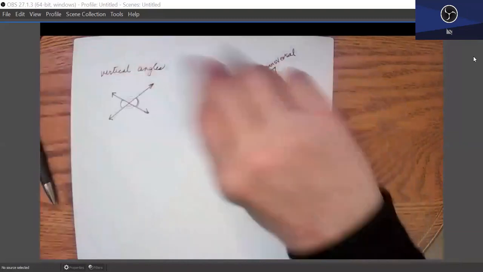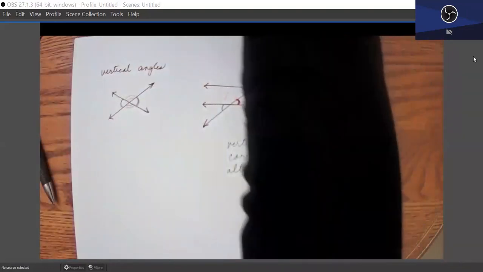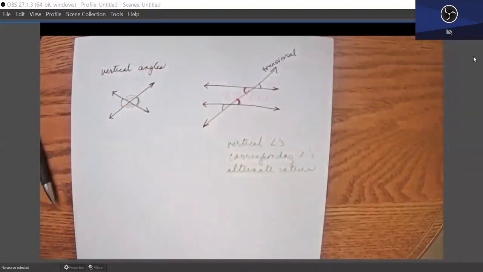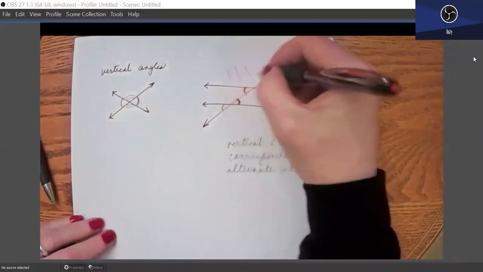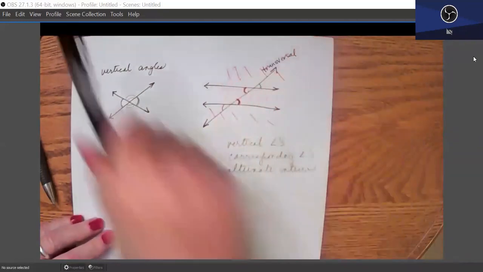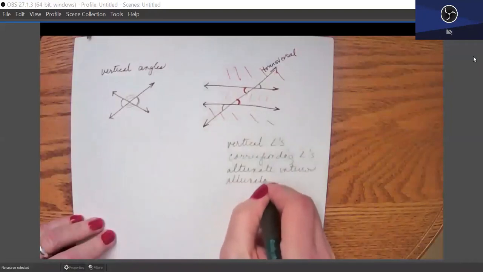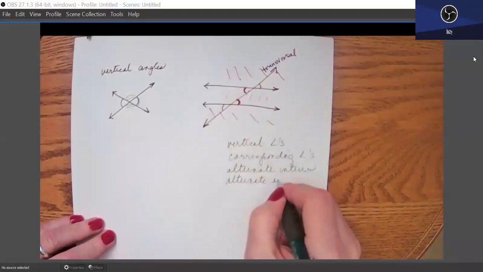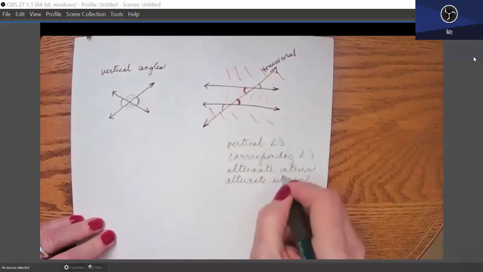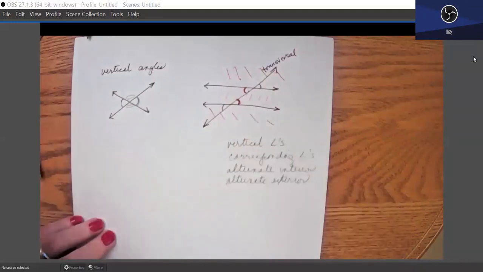Also, the area outside the parallel lines is called the exterior. Alternate, meaning on two different sides of the transversal, exterior angles are also the same measure.